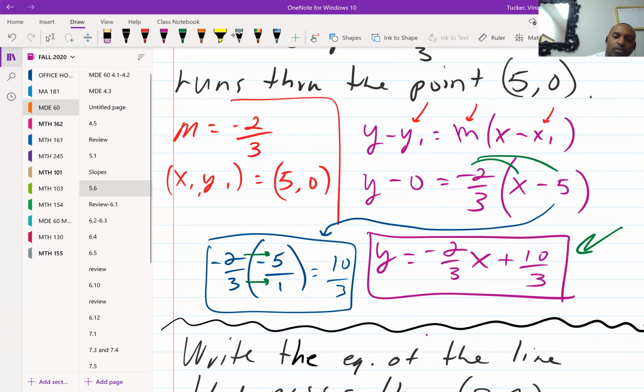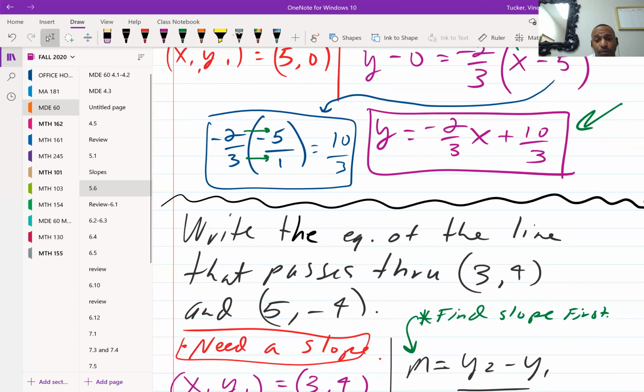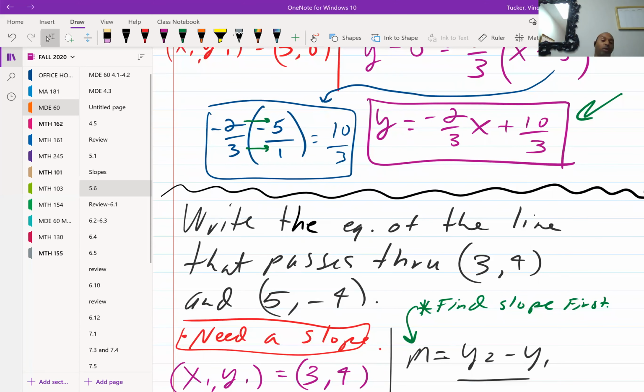All right, so next one, write the equation of the line that passes through -3, 4, and 5, -4. I said -3, 4, excuse me, and 5, -4. All right, so the difference between this one and the ones we've done prior is that we had a slope in the previous examples.